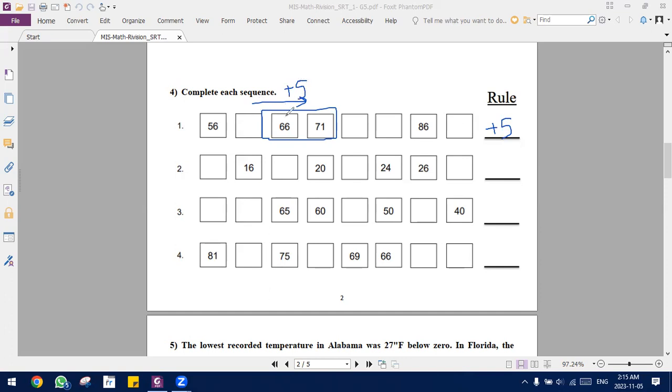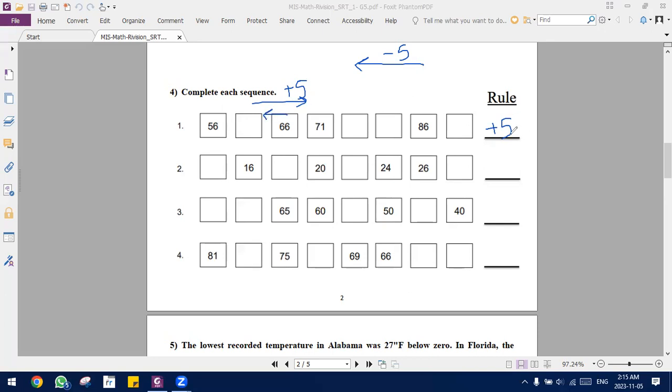But sometimes we might go in the opposite direction. So you do the opposite of the rule. If it is plus 5, you do minus 5. Let's take an example. Here I have 66. I need to write the previous value, so I'm going to the left.